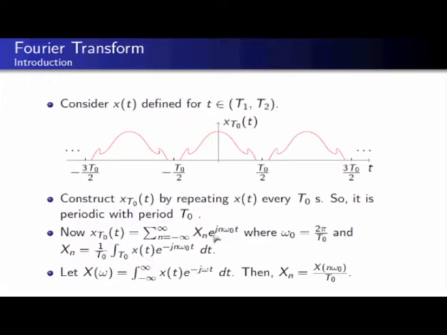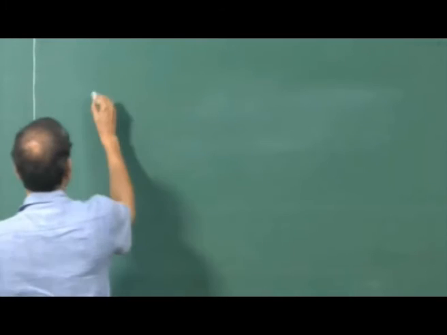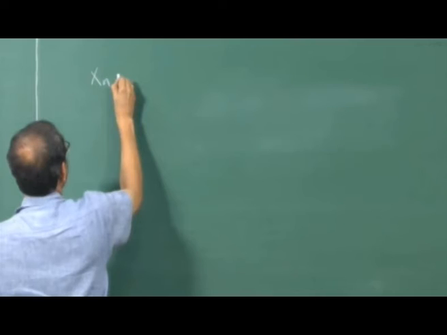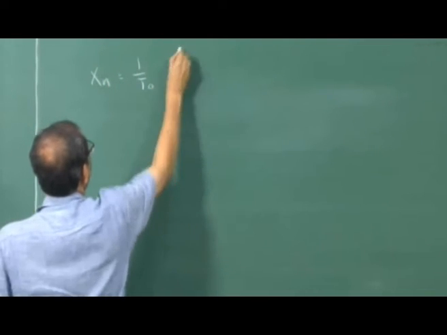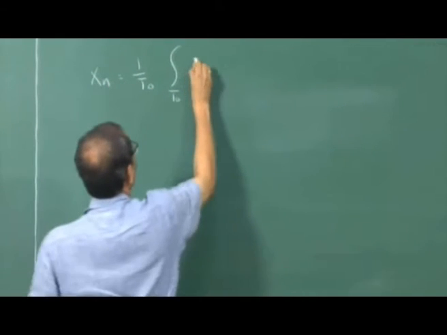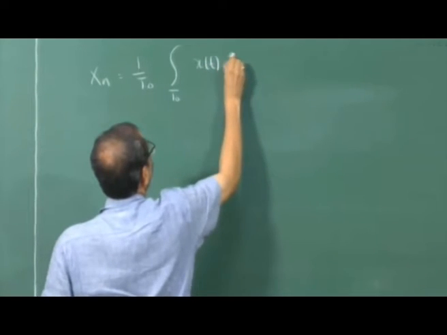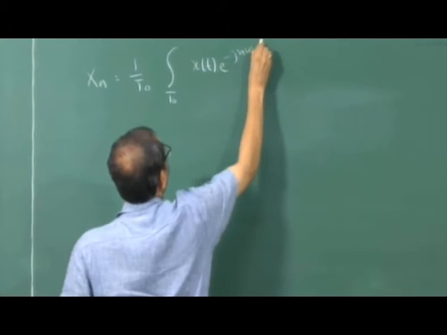That's the standard definition of xn, right? I now introduce two more ideas. Since xn is 1 by t naught integrated over t naught, x of t e raised to minus j n omega naught t dt.